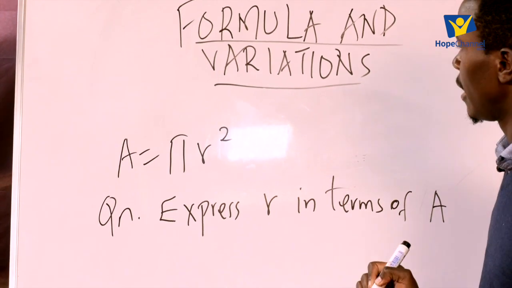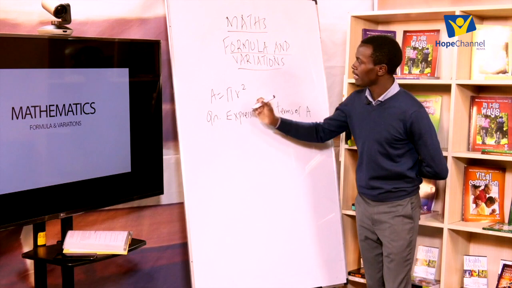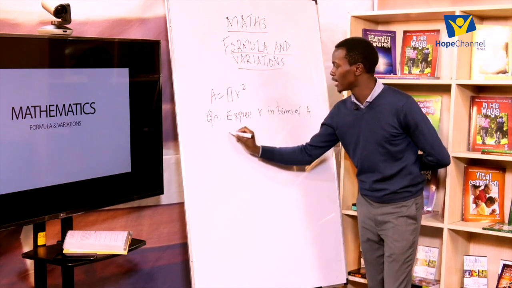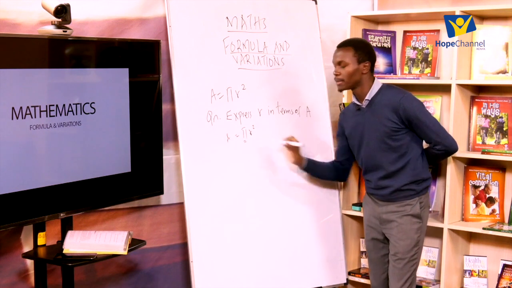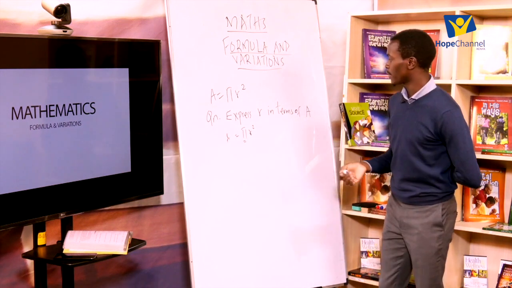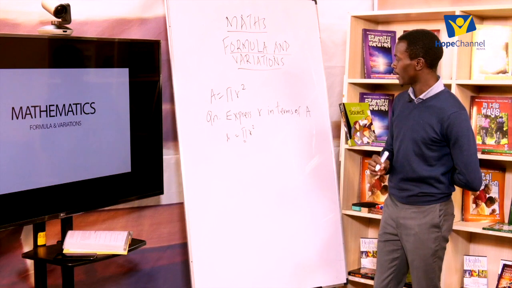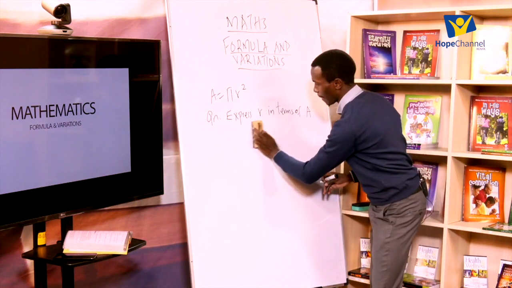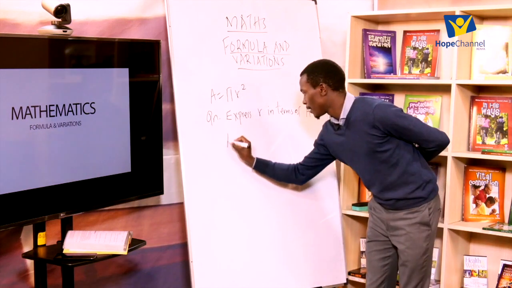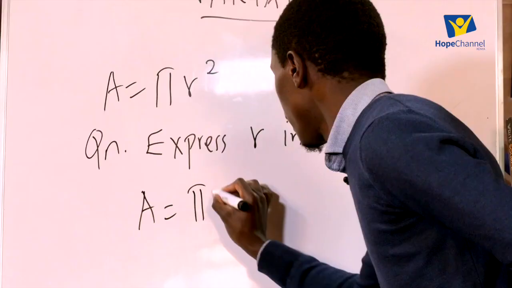Already the question in this case is giving us the quantities, the variables, that is a and r, because pi is basically a constant. So for us to express r in terms of a, the first thing you're going to do, let me clean this one here. A is equal to pi r squared.